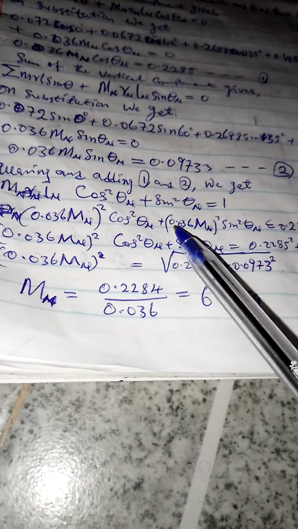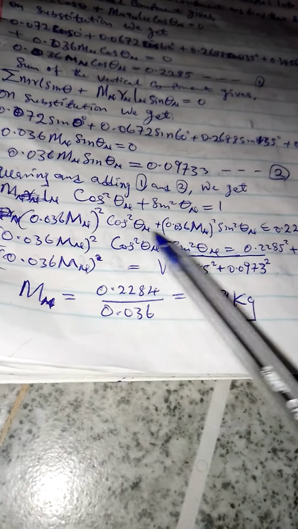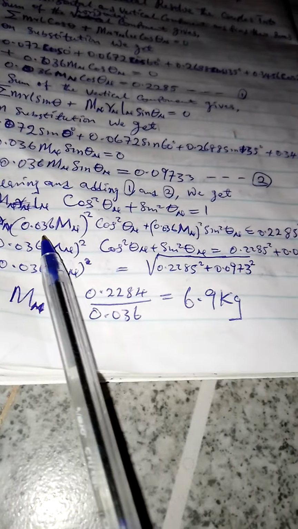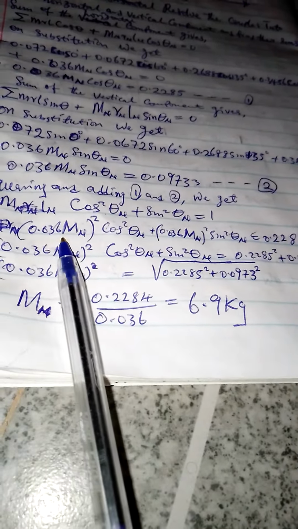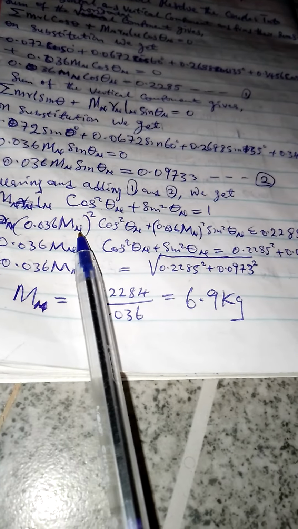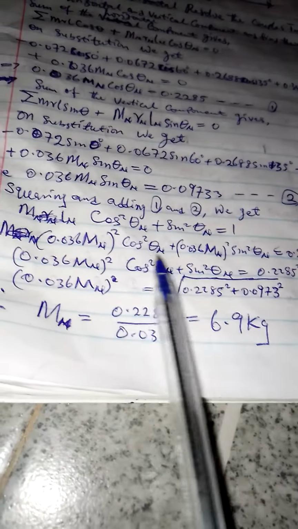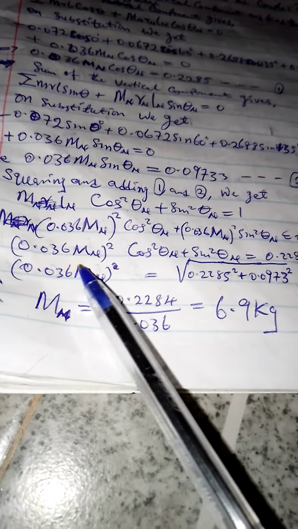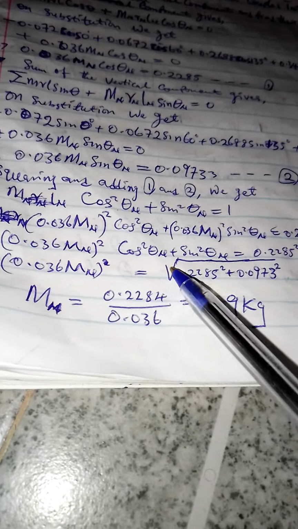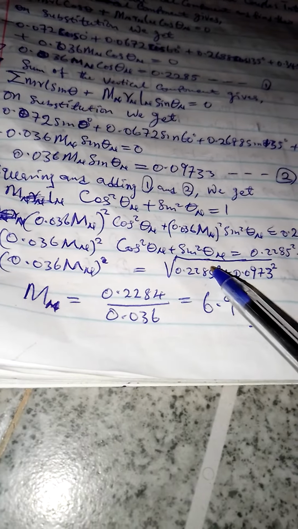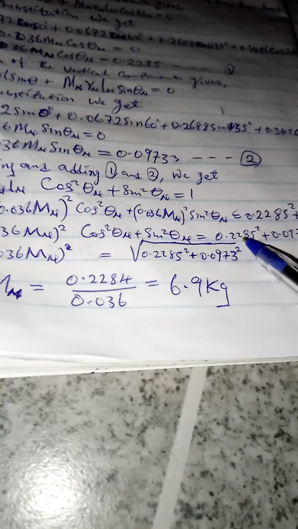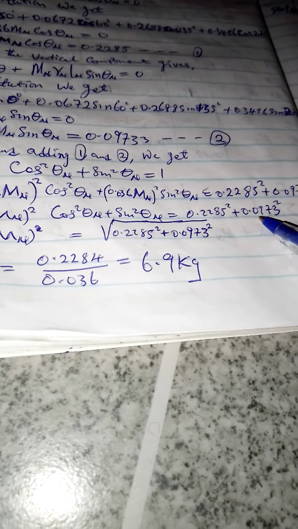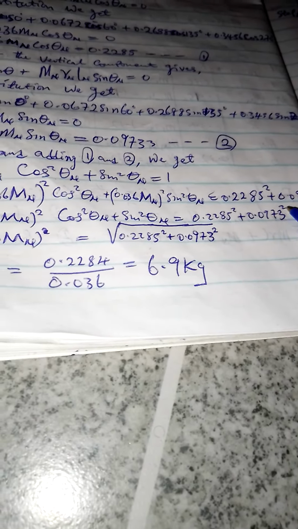So when you collect the common terms between these two terms here, which is 0.036 mn all in brackets squared, when you collect the common term, you have 0.036 mn squared times cos squared theta n plus sin squared theta n, which is equal to 0.2285 squared plus 0.0973 squared.